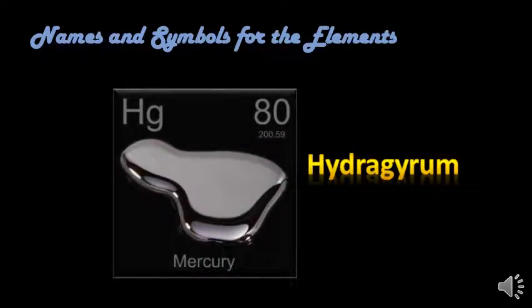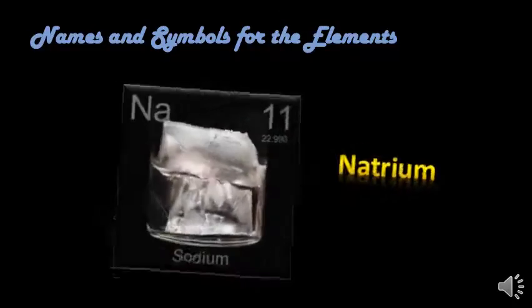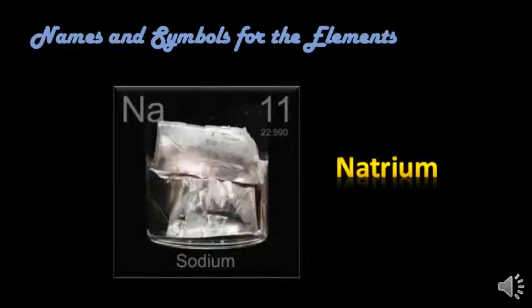Mercury's symbol is Hg, Latin for hydrargyrum, and I'm not saying that. Nope, not saying it. However, it does mean quicksilver, because mercury kind of looks like silver, doesn't it? Like liquid silver. And sodium is Na, that's Latin for natrium.